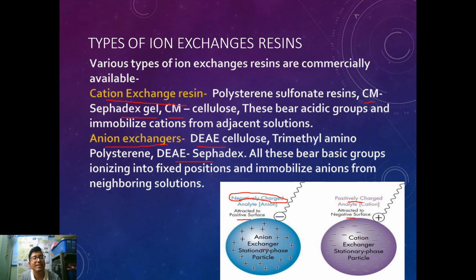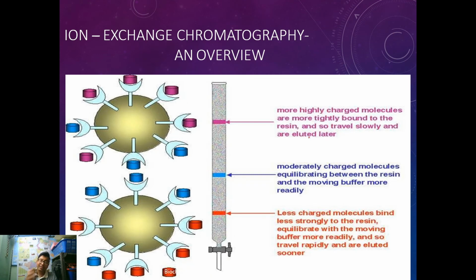I have already discussed the types of anion exchange resins and cation exchange resins, so you need to remember at least two of them. Now let us recap what happens irrespective of whether it is cation or anion exchange. If the molecule adheres strongly to the exchanger, it will come later. More highly charged molecules are bound more tightly to the resin, travel slowly and are eluted later.